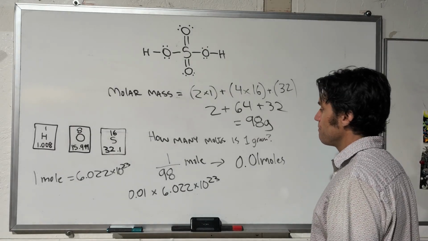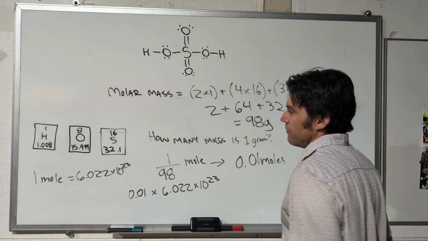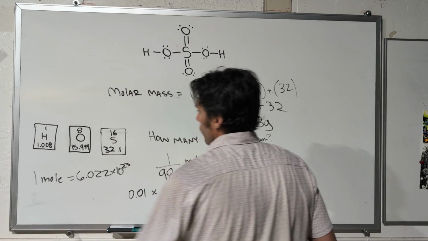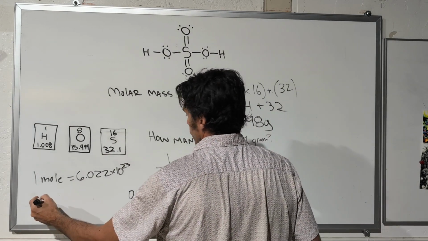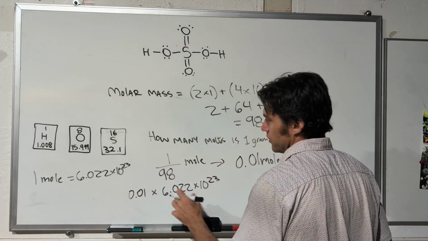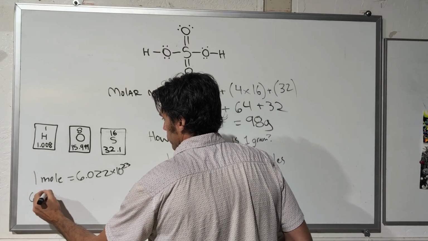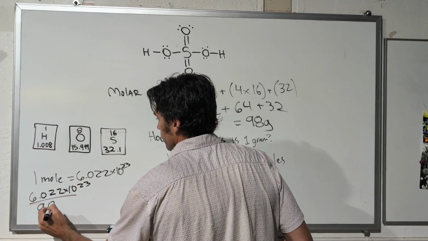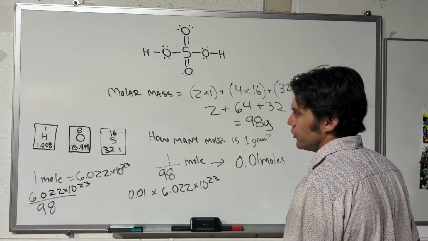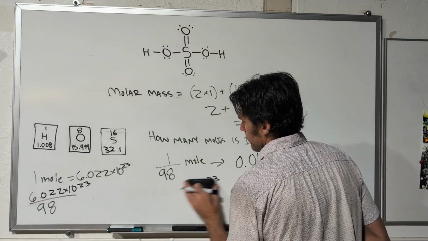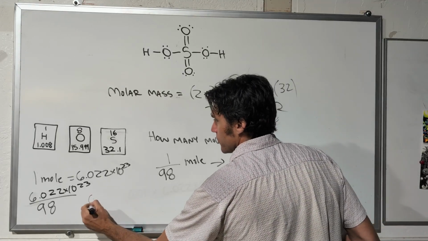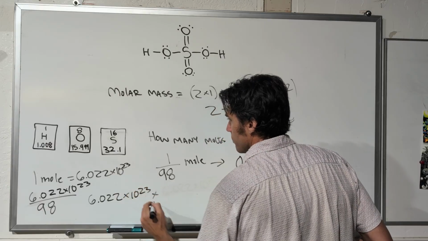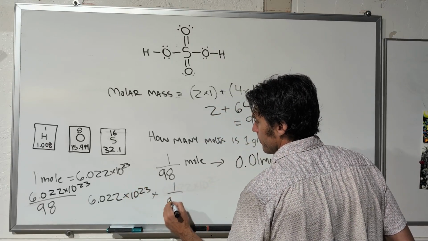So it's basically 6.022 times 10 to the 23rd divided by 98, which you could also write as 6.022 times 10 to the 23rd times 1 divided by 98.